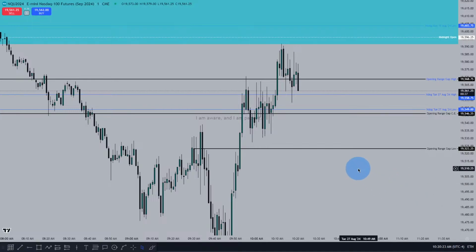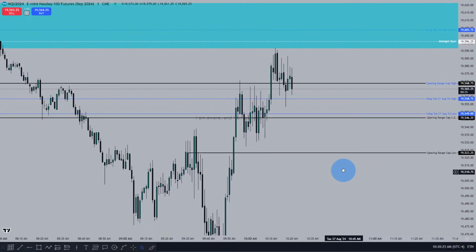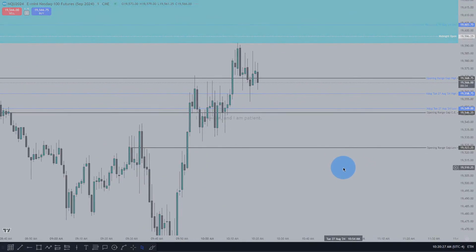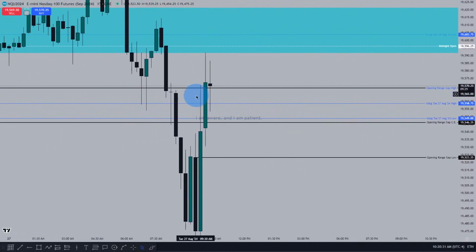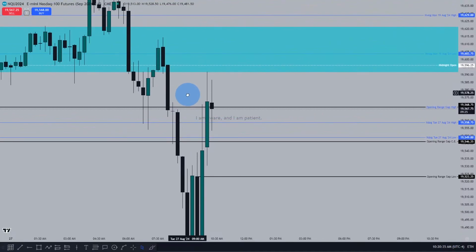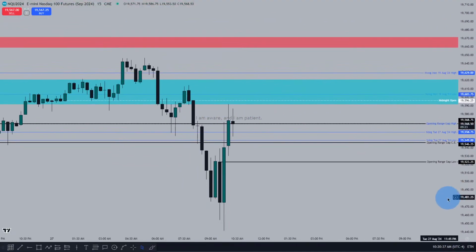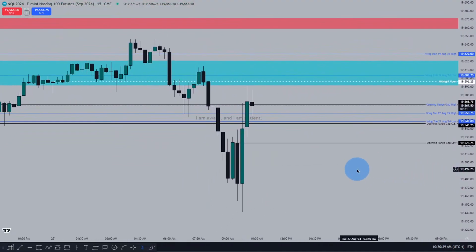But still, nothing really significant is happening. Not liking this honestly. We pushed far into this gap now. I'm gonna be watching from the 15-minute time frame because nothing's really happening on the lower time frame.